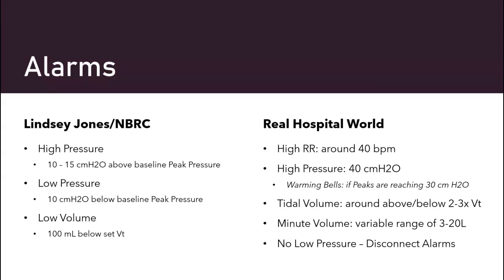Your high pressure alarm is 10 to 15 above the baseline of your peak pressure. So they want you to know the peak pressure you're getting off the ventilator and then go 10 to 15 above that. Your low pressure alarm, they want your baseline peak pressure, and then go 10 centimeters below that.